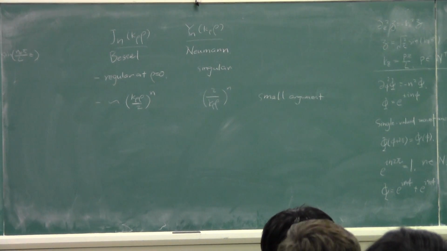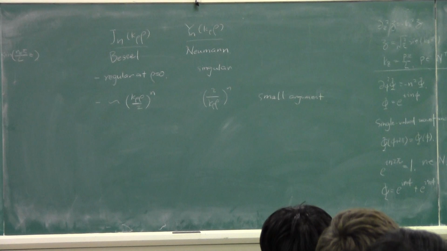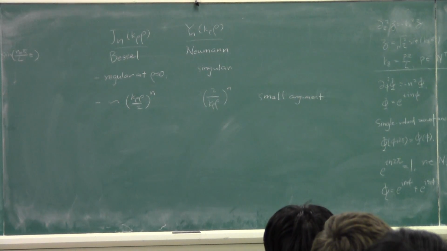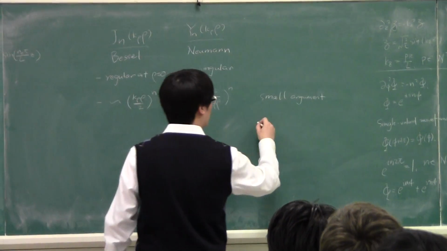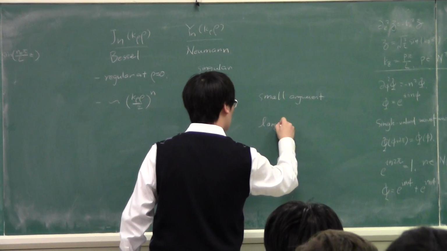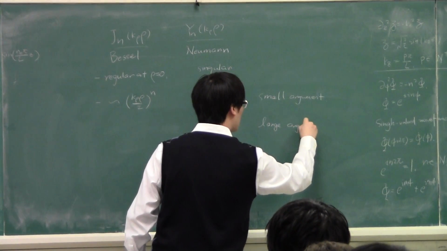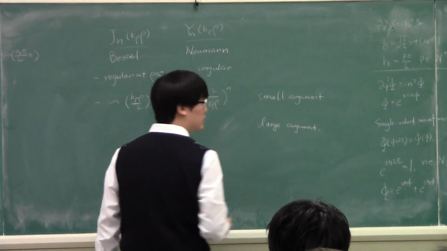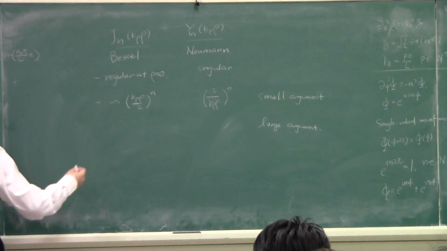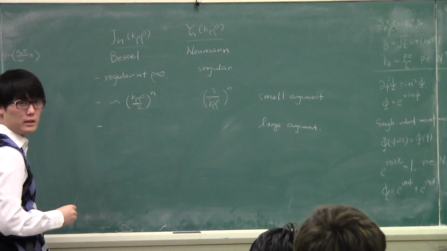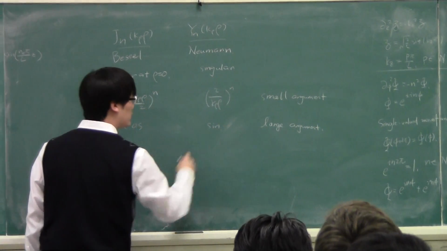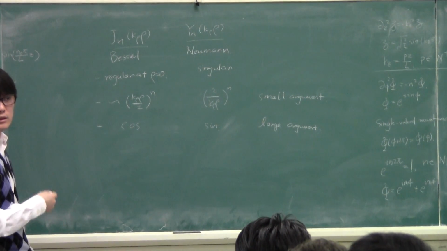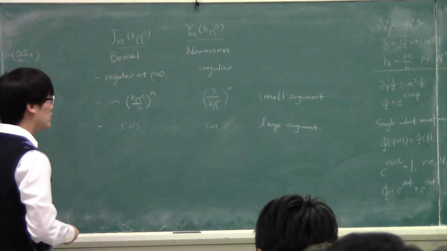And we know that for free particle problems, either we have traveling waves in both directions, or we can cast them into cosinusoids and sinusoids. So the large argument behavior is sinusoidal or cosinusoidal, and let me tell you, without giving you a proof, that this is the cosine and this is the sine. Okay, and this has to do with their singularity at the origin.